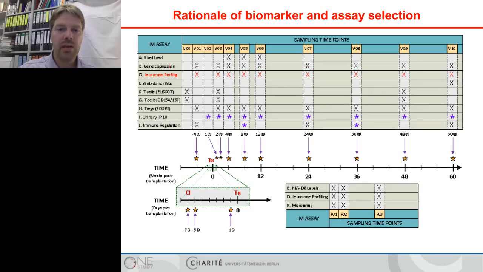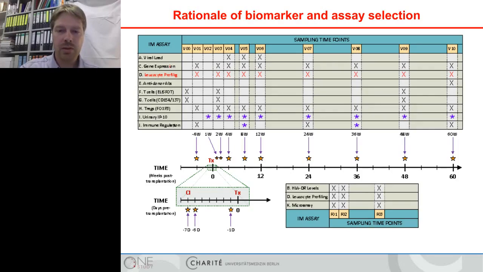At least we have a visit prior to transplantation and 9 follow-up visits after the transplantation, where we perform the leukocyte profiling via flow cytometry prior to the transplantation and at 8 following time points.